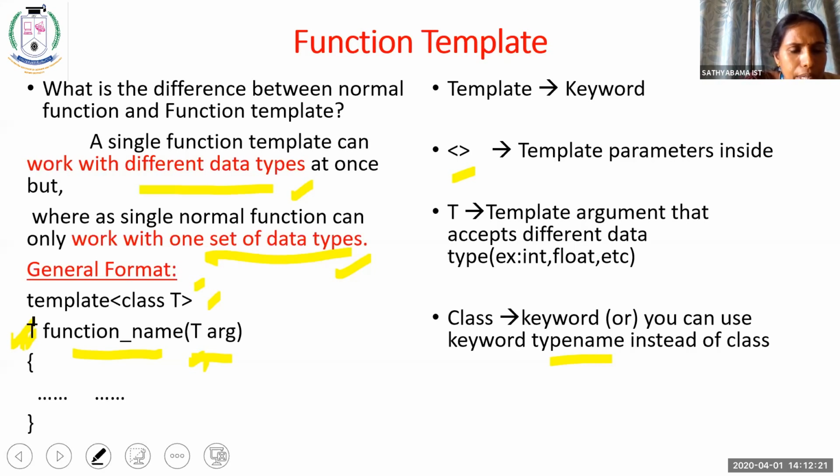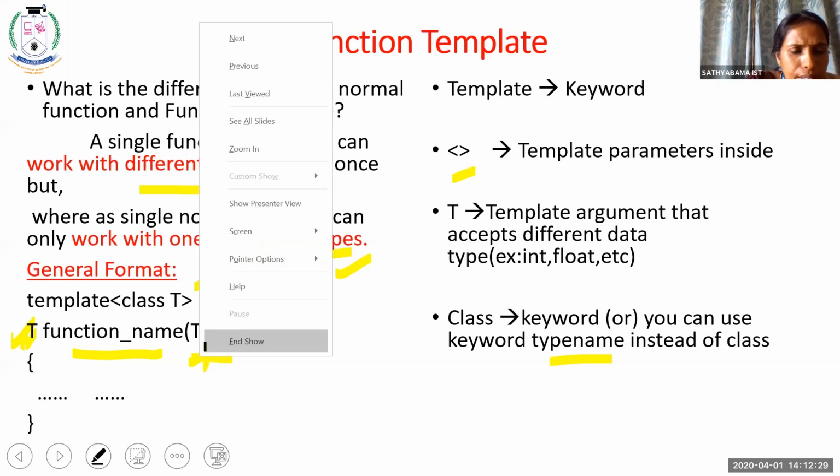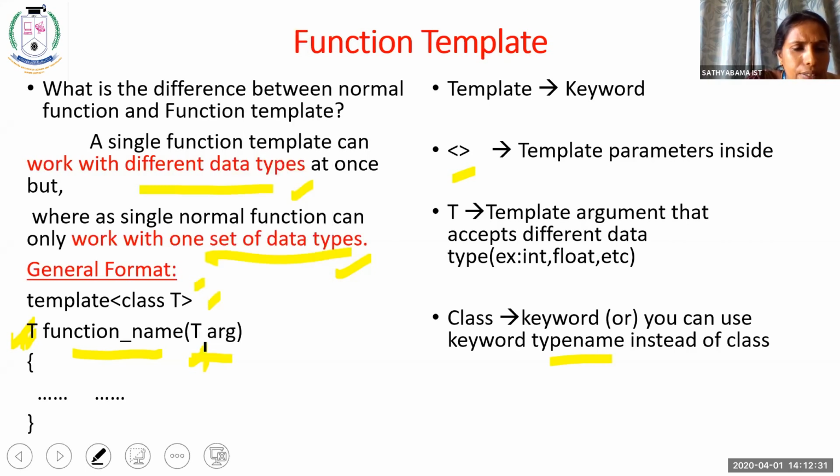And if you call the function and pass the argument as a float, then this T will act as a float, and the return type of the function is also a float. So this T is decided only during compile time.